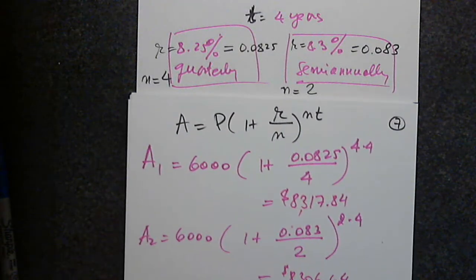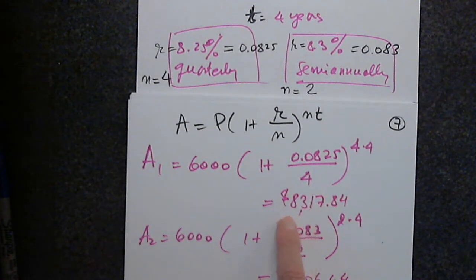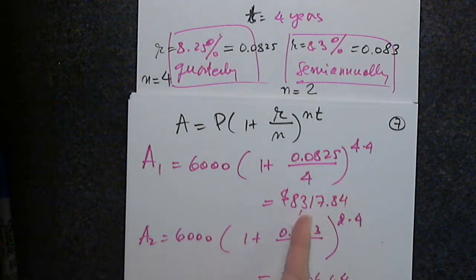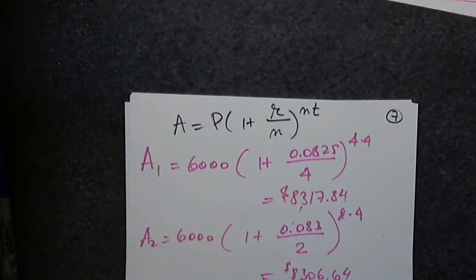So you will choose the first option, compounded quarterly, because the amount is slightly bigger. Although the interest rate is a little bit smaller, it's compounded a larger number of times, double, as you see 2 and 4, and it gives us a better revenue.